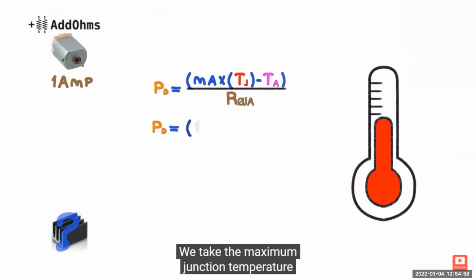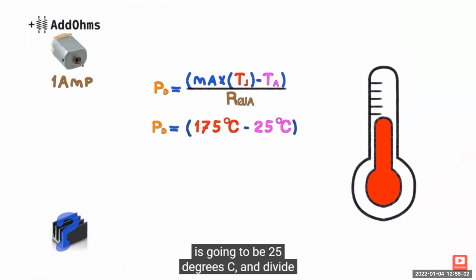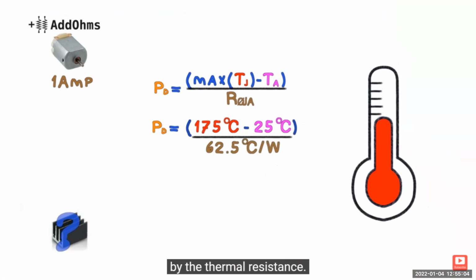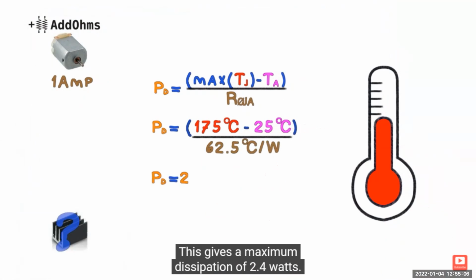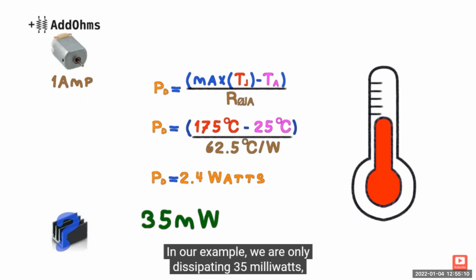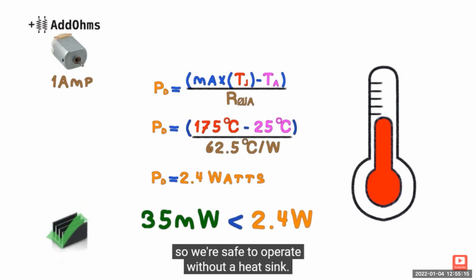We take the maximum junction temperature minus the ambient temperature, which is going to be 25 degrees C, and divide by the thermal resistance. This gives a maximum dissipation of 2.4 watts. In our example, we are only dissipating 35 milliwatts, so we're safe to operate without a heatsink.